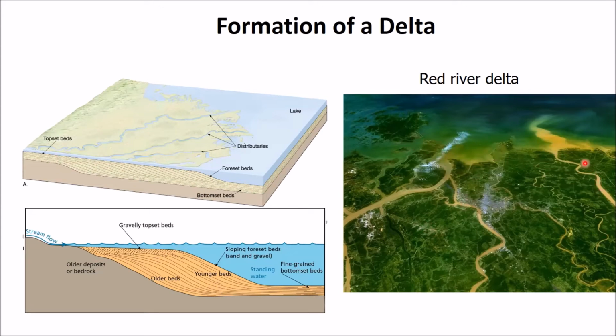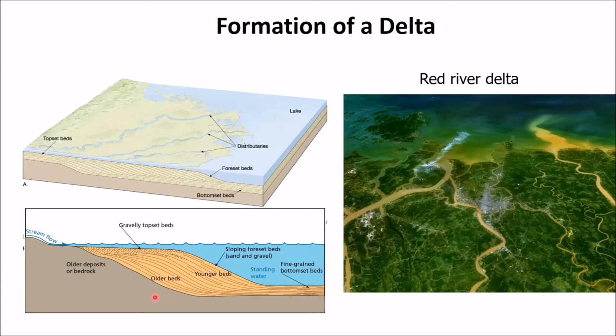You can see the different braided streams coming to the sea and bringing sediment, in the yellow color here. The sediment will be deposited here and widen the delta. Over time the delta will expand into the sea.